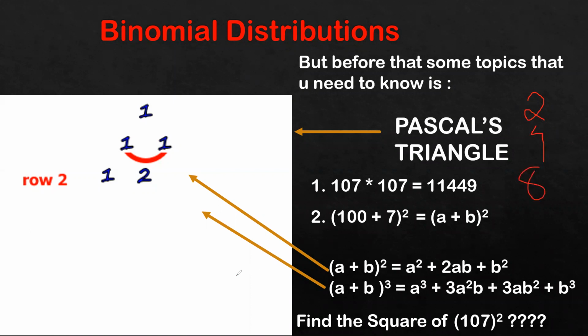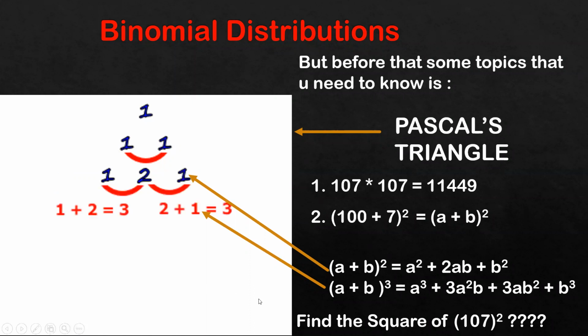And if I keep on adding like this, normal 2 can be written as 2 raised to 1. 4 is nothing but 2 square. 8 is nothing but 2 cube and so on. So in this way, Pascal's triangle helps us to find out (a + b) the whole square, (a + b) the whole cube, (a + b) raised to 4 and so on.